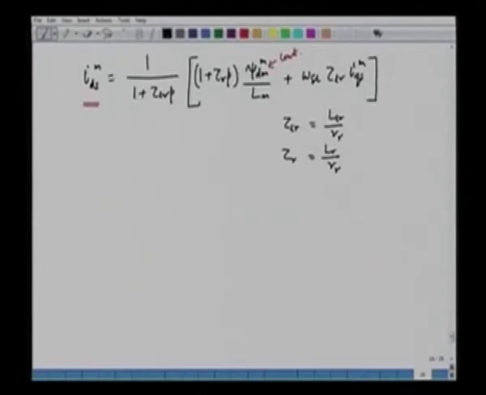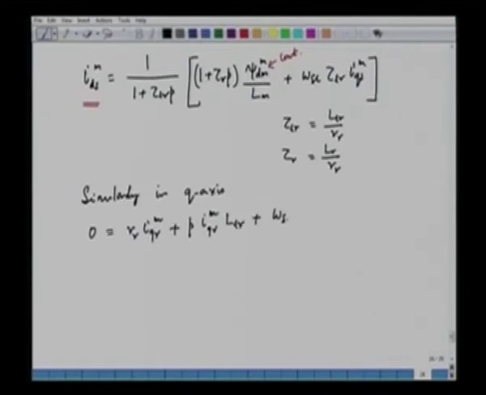Similarly, we can have the equation in the q axis. We can write down the following equation: 0 equal to RR IQR plus P IQRM into LR plus omega SL into psi dm plus LLR into IDRM.